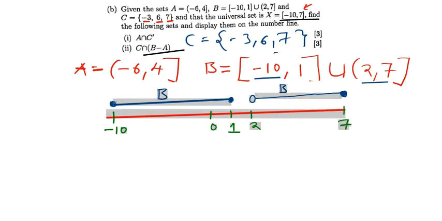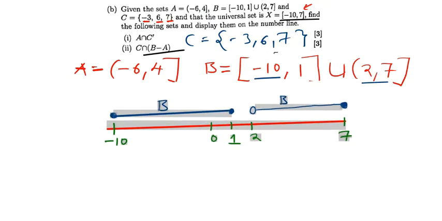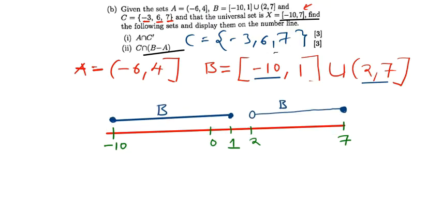Let me just drop it a little bit lower. So we're trying to find B minus A. So we have to remove A from B. So where is our A? A runs from negative 6. So let's have negative 6 here up to 4. So let's say 4 is there.